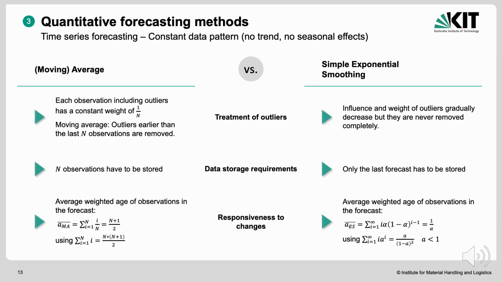Therefore, new information is only proportionally taken into account relative to the number of observations. With exponential smoothing, we will see that the impact of the most recent data is high, and of course it gets higher the higher the alpha.